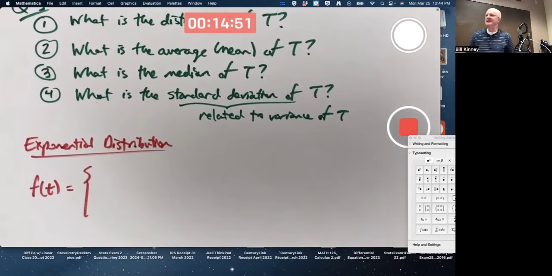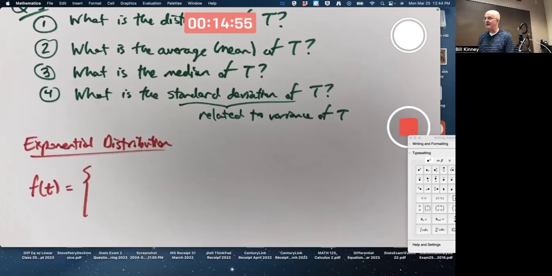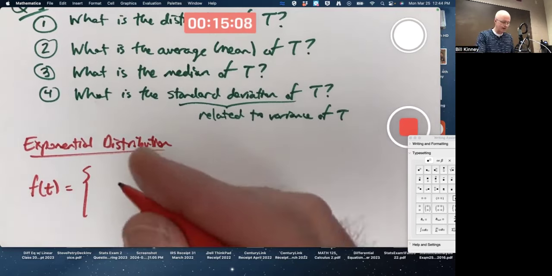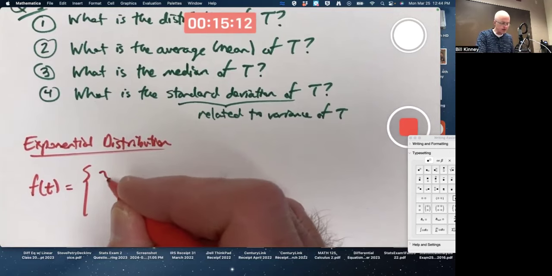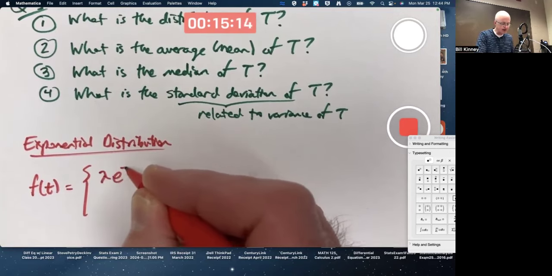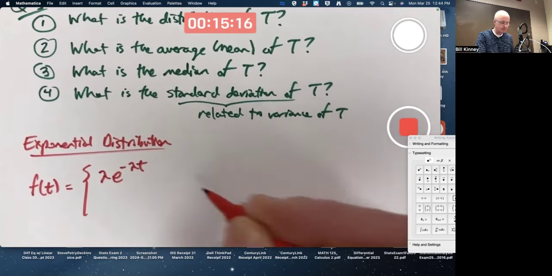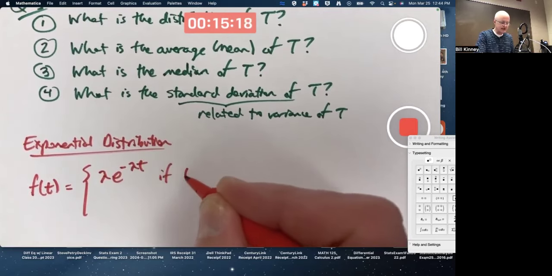And remember our main condition about a PDF that came up on the exam, and you should know for future exams: it's got to integrate to 1, representing 100% of the data, or 100% of the probability is another way to think of that. And with an exponential decay, when t is greater than 0, the formula we used was lambda e to the negative lambda times t. That's if t is greater than 0.